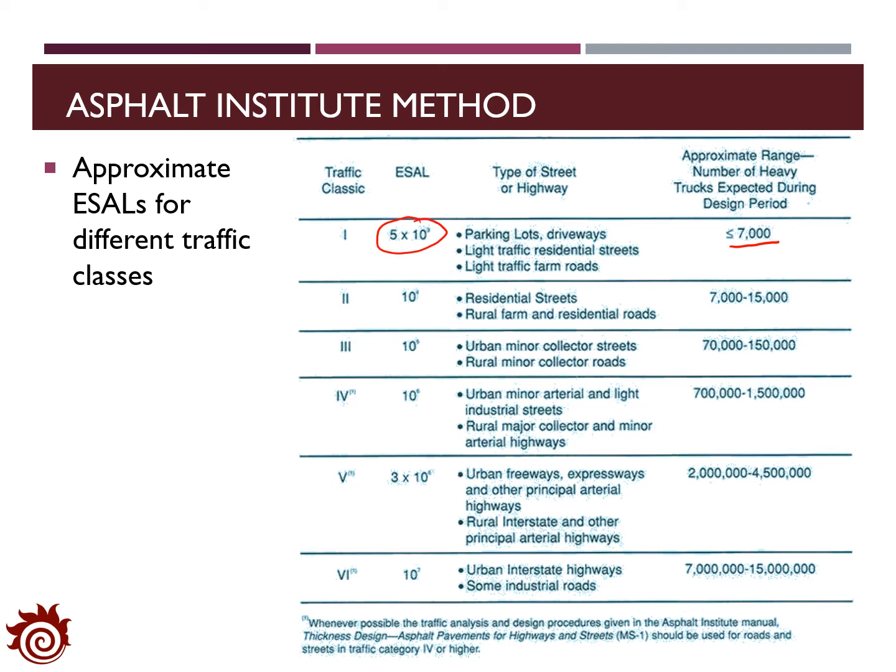While for Class 6, with urban interstate highways or some heavy industrial roads, the number of heavy trucks could be as high as 7 to 15 million, which is equivalent to an ESAL of 10 to the power of 7 during the design period.